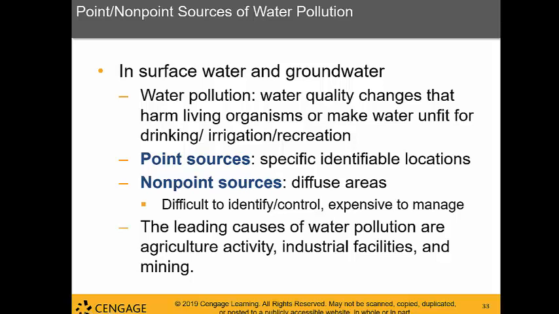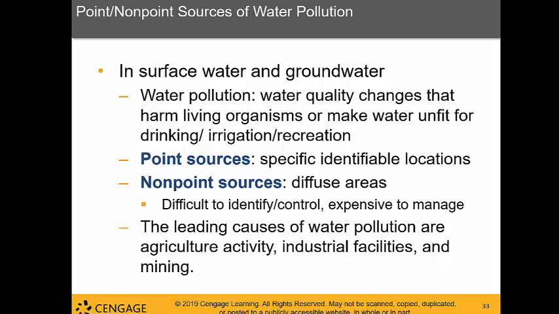The result of this substance being added makes it unsuitable either for the living organisms that would normally live there or for human uses, such as drinking the water or using that water for irrigation of crops or for recreation. So if you wouldn't want to swim in that water, it's polluted.